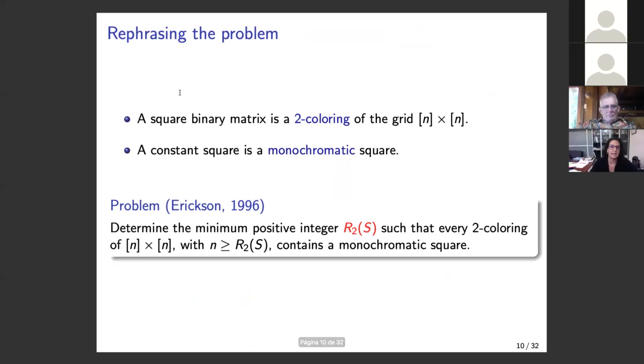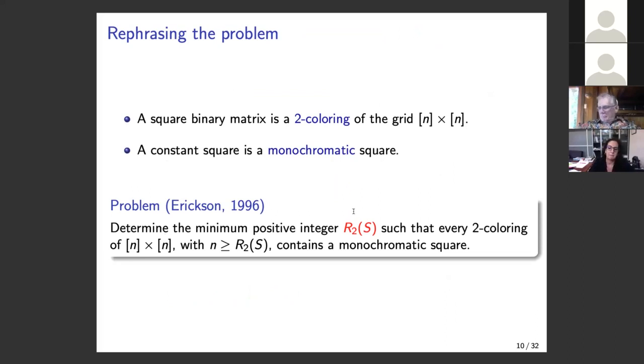Rephrasing the problem, a binary matrix is a two-coloring of the grid, and a constant square is just a monochromatic square.